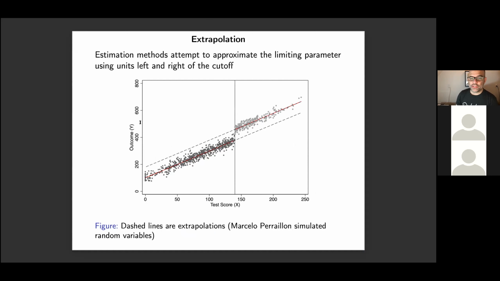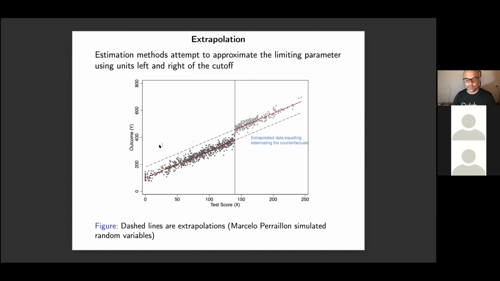Estimation methods attempt to approximate the limiting parameter using units left and right of the cutoff. This is from Marcelo Perella's simulated random variables, where dashed lines are extrapolations. You can see the same kind of thing here, extrapolated data estimating counterfactuals.